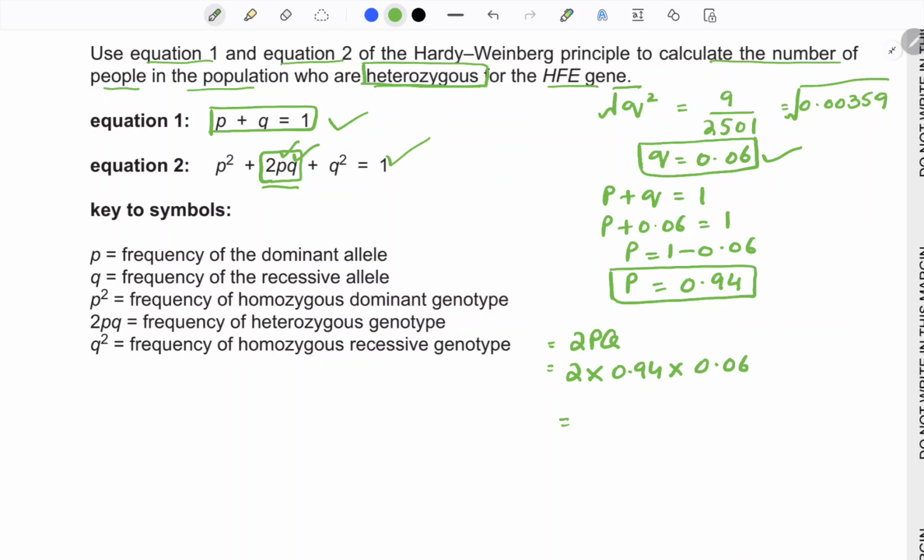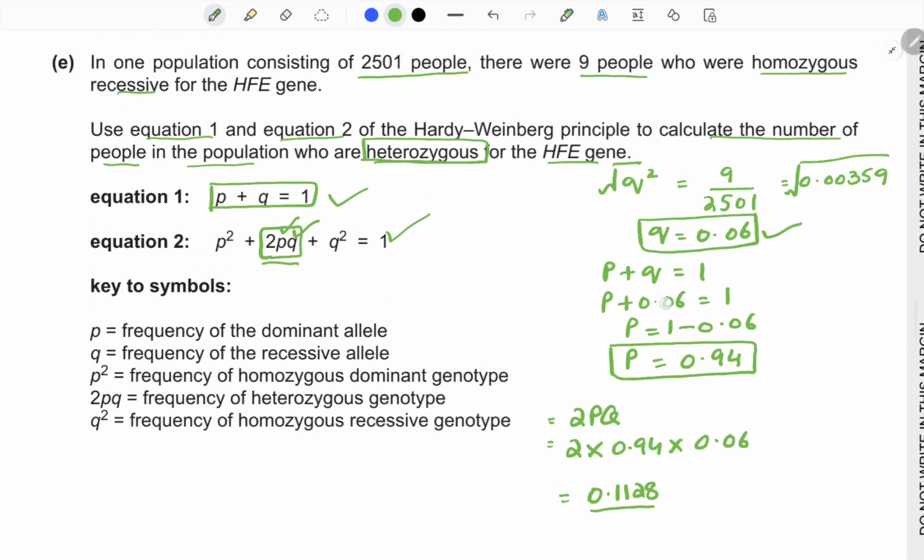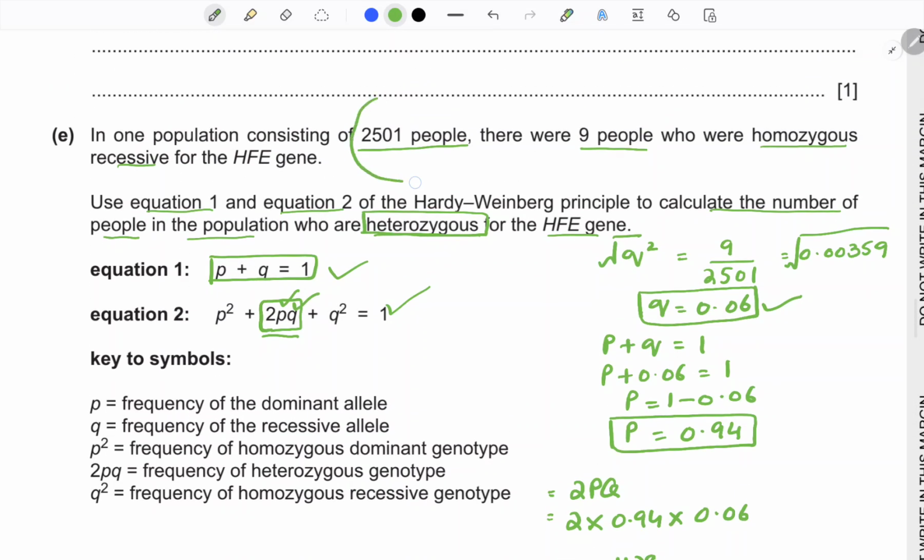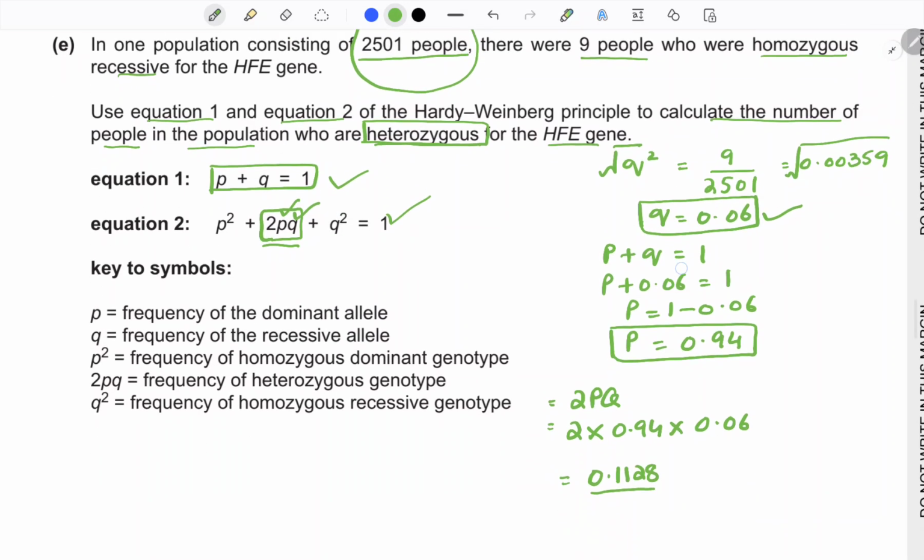Now as we calculate this, it is going to give us a ratio of the heterozygous people among the entire population. This gives us a value of 0.1128.